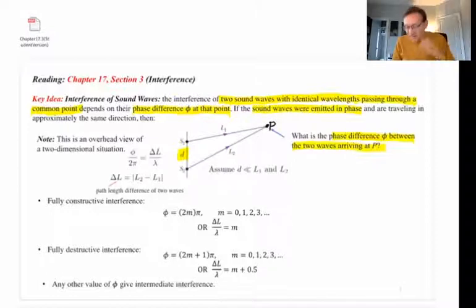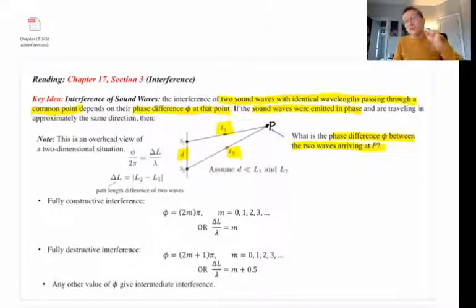Because the two waves, if you go in a straight line from S1 to P, travel a distance L1. That's labeled right there. That's L1. And the wave in a straight line from S2 to P travels a distance L2.